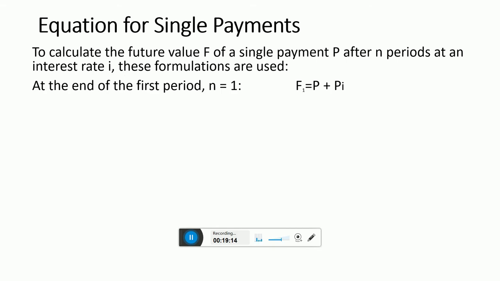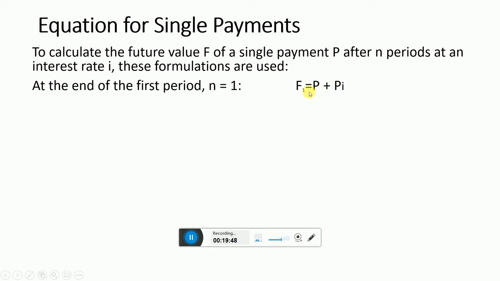So to calculate the equation for the future value F of a single payment P, the present, after n periods at an interest rate of i, the formulas used are as under. At the end of the first period, n equal to 1, F1 would be equal to P plus Pi. P is the present worth.